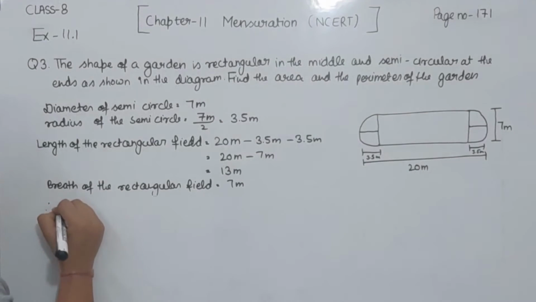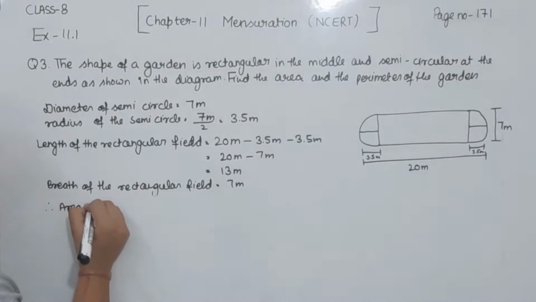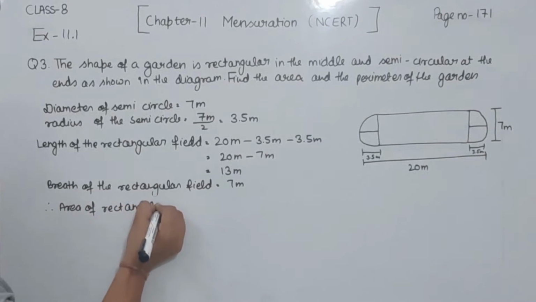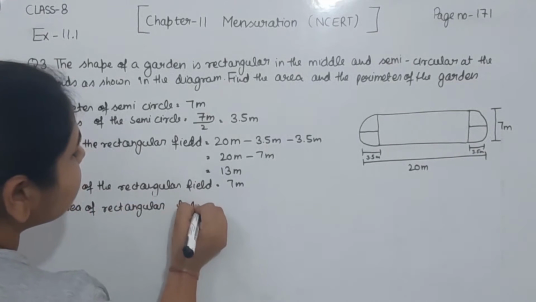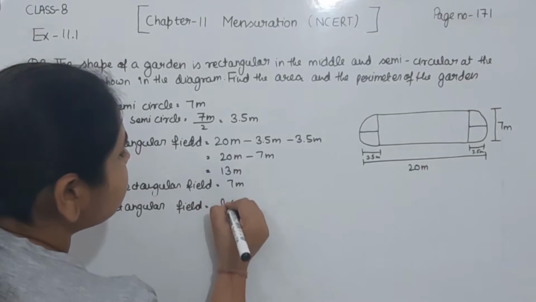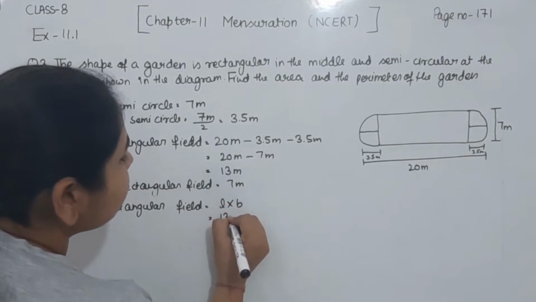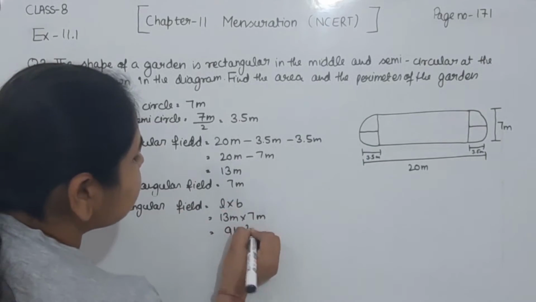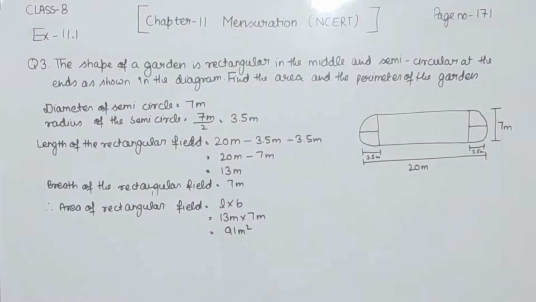So I'm going to write here: area of rectangular field is equal to L into B. So this is 13 meter multiplied by 7 meter, which is equal to 91 meter square. So this is the area of the rectangular field.